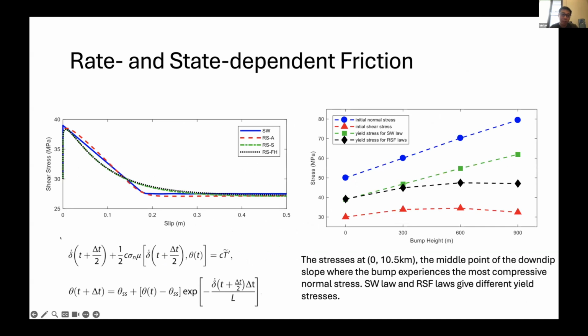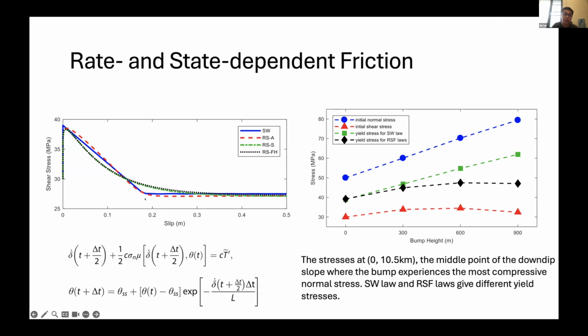So combining this updating scheme for the slip rate as well as the evolution law for the state variable, I can do rate and state friction simulation for earthquake rupture.